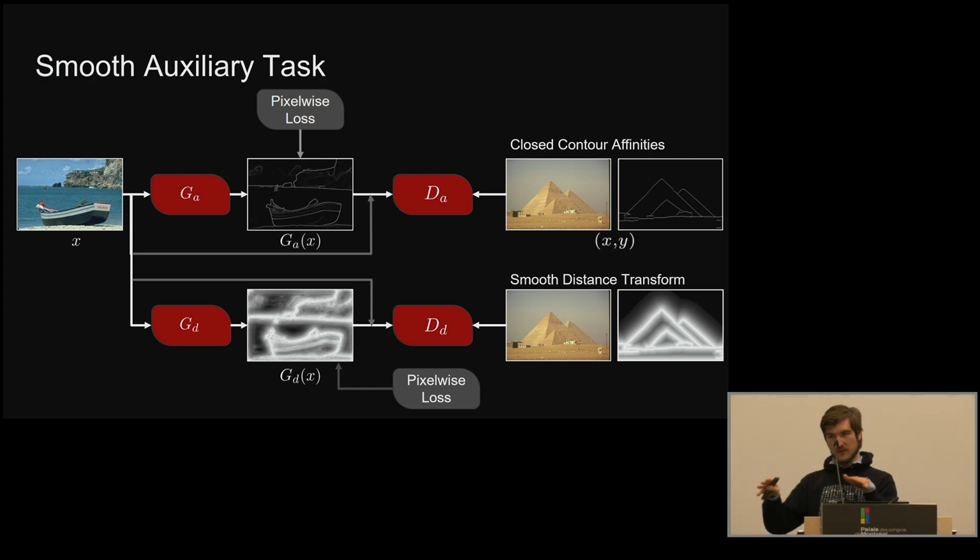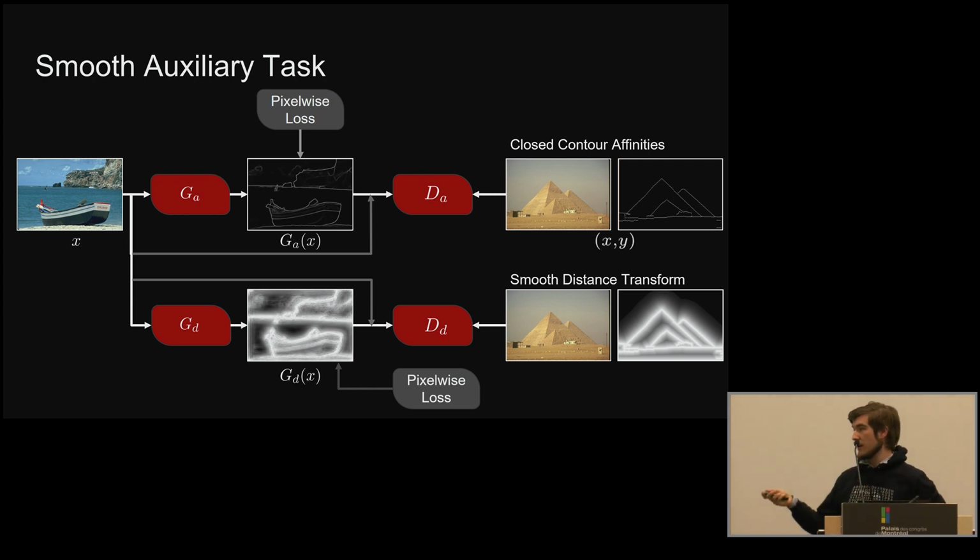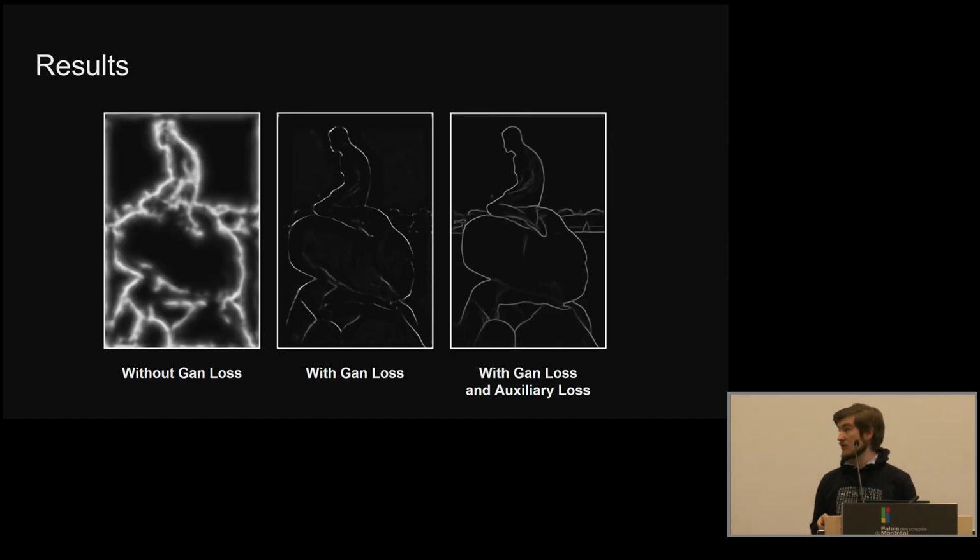Starting from the affinities, you can measure the distance towards a boundary, and you can give this as a target. So now we have two conditional GANs, where the two generators importantly share most of their parameters. This is a classical multitask approach, and we can see in our experiments that this combination improves the segmentation score drastically.